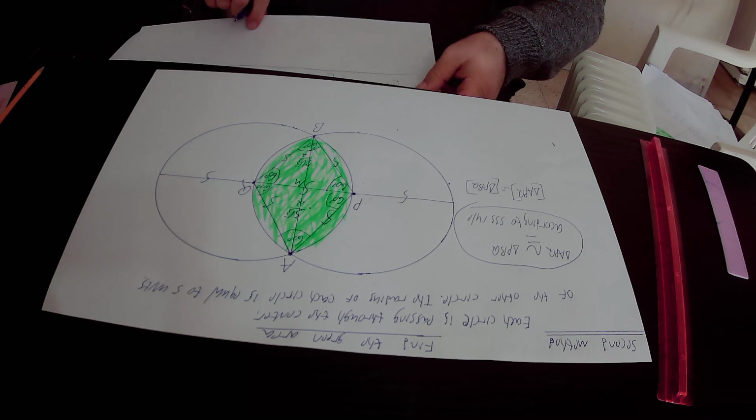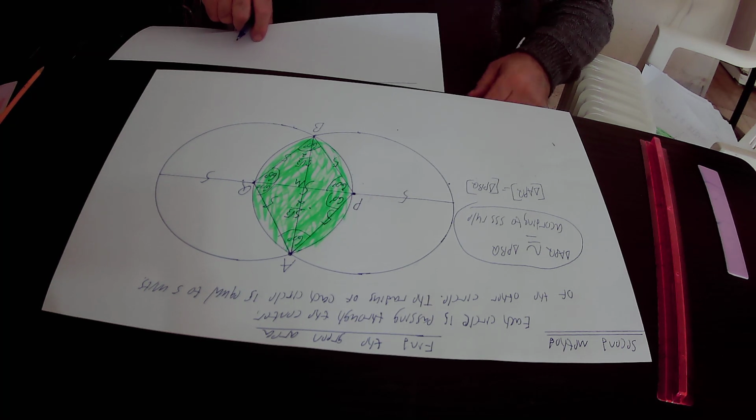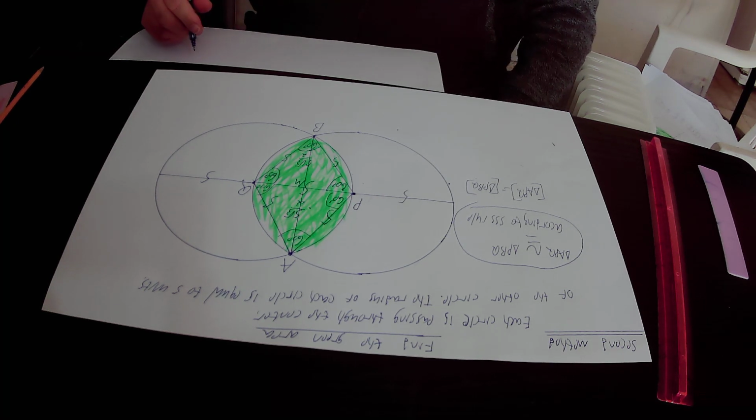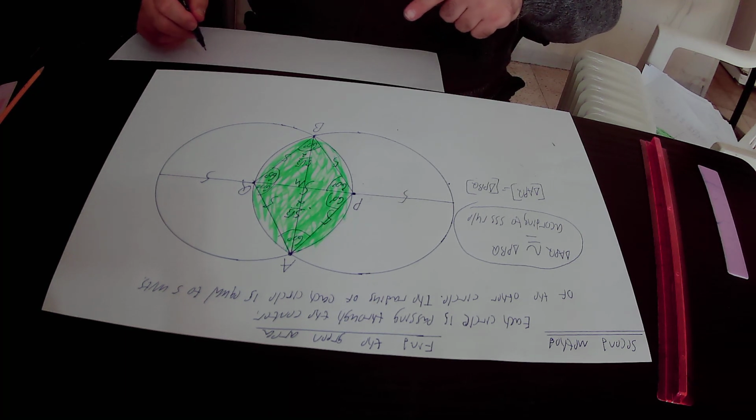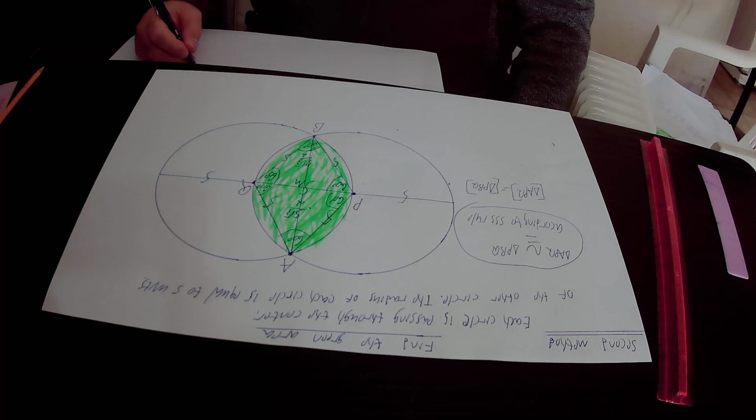The area of triangle AQP equals the area of triangle PPQ, and we have already found out that the area of triangle AQP equals 25 times square root of 3 over 4.